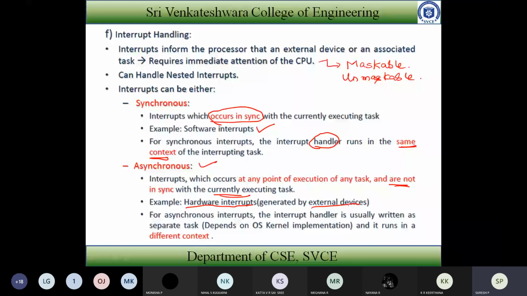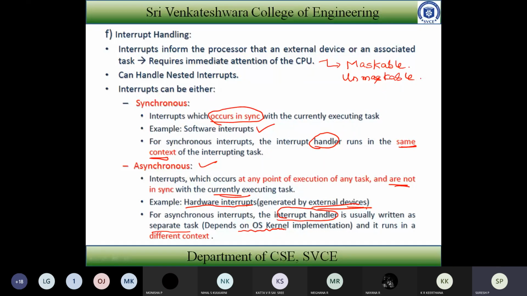In asynchronous interrupts, the interrupt handler is usually written as a separate task. What does that mean? It depends upon the OS kernel implementation whether the interrupt handler is written as a separate task.